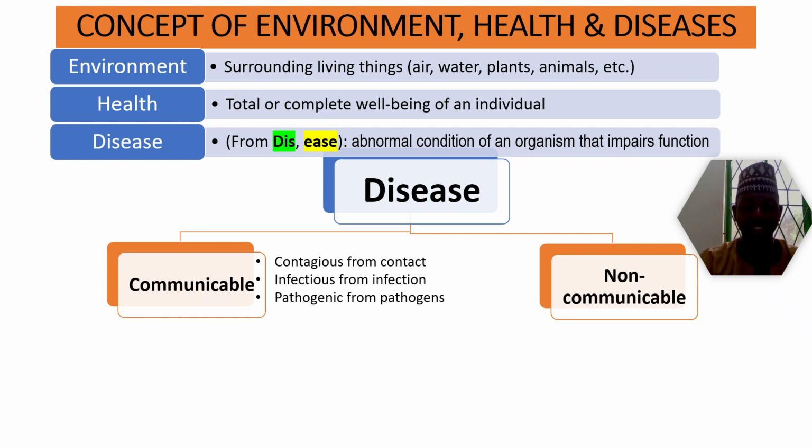Another word that is used to describe communicable diseases is infectious diseases. Infectious diseases are diseases as a result of entry of pathogens into the body. Presence of pathogens in the body is called infection.